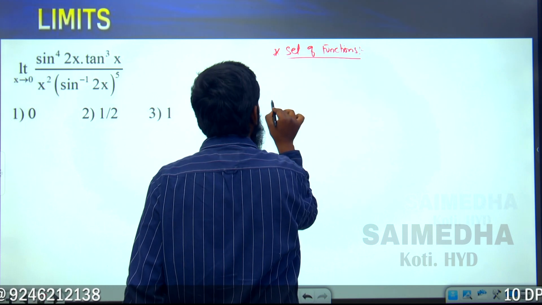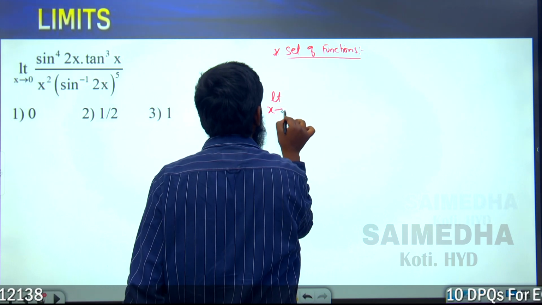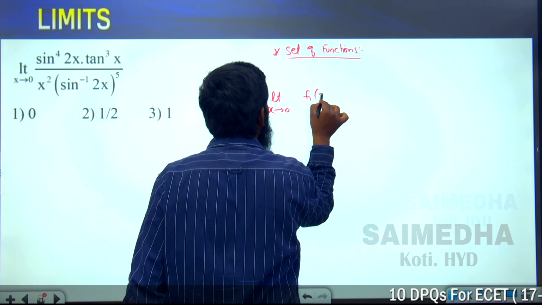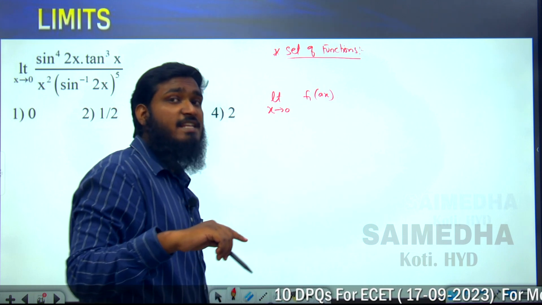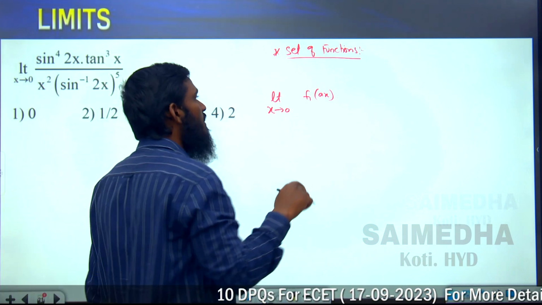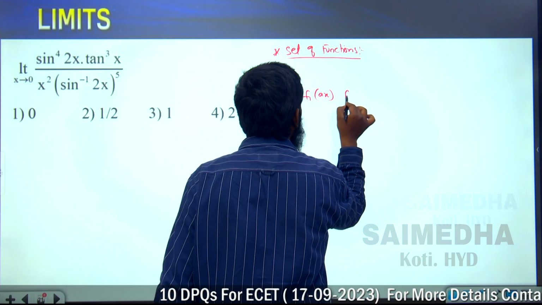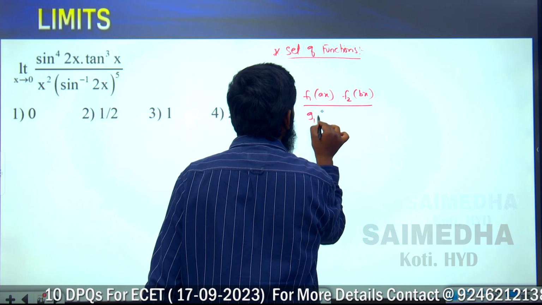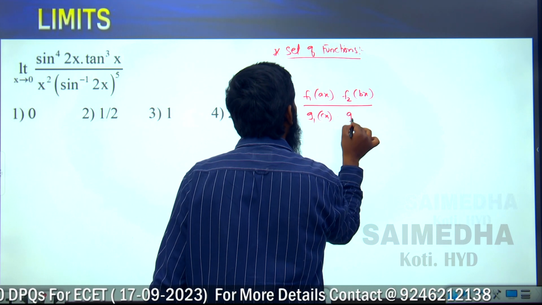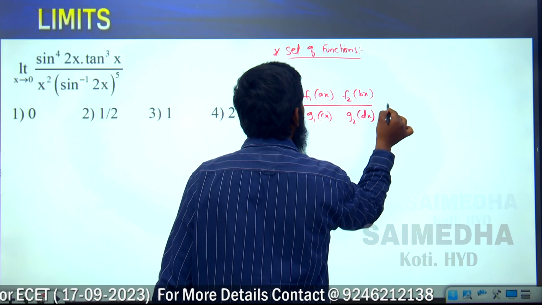Now for this we take the limit as x tends to 0 of f1 of ax into f2 of bx, divided by g1 of cx into g2 of dx. In the previous case we had plus or minus, now we have multiplication.